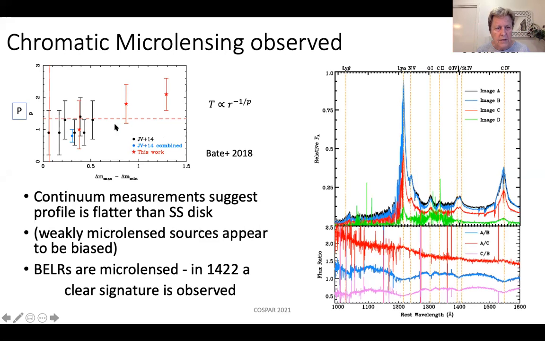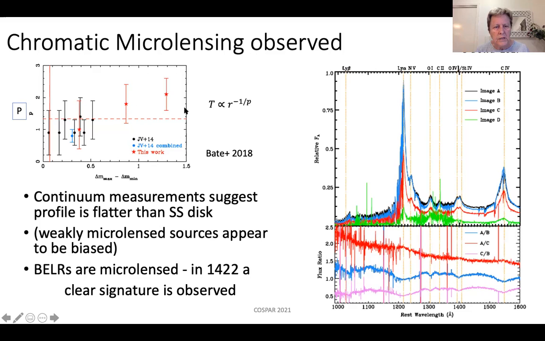And so there's an example from a paper here by Nick Bate. These were multicolor observations of a quasar, and used to try and measure the profile of the continuum emitting region.